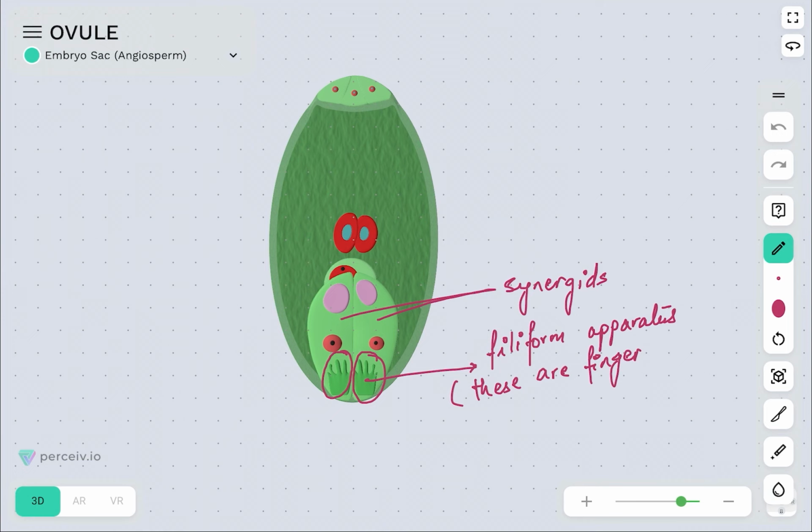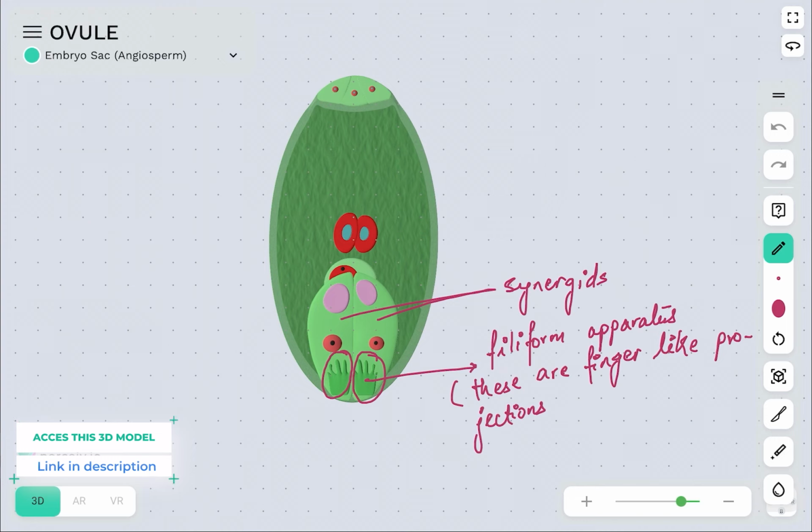The function of the filiform apparatus is that it will guide the entry of the pollen tube inside the synergids, so that the male gametic contents, the two male gametes, can be easily released inside the synergids.